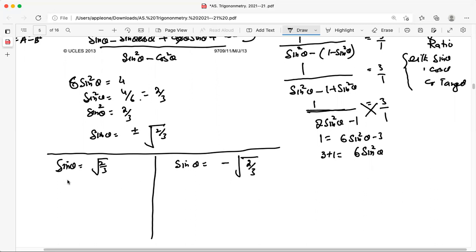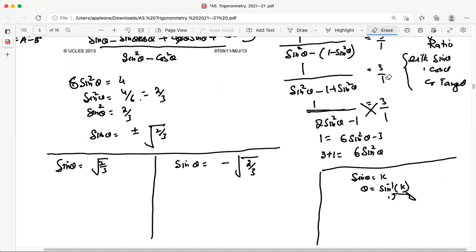So see, the rule for sine is, look, sine theta, suppose it's equal to k, so theta is sine inverse k. This is your first result.